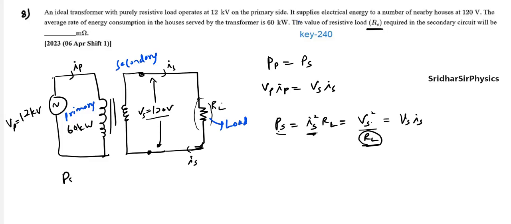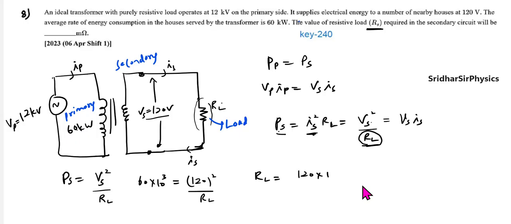This will be PS equal to, what is the power? This will be 60 kilo. VS is 120, squared. Then RL. RL equal to 120 into 120 by 60 into 10 to the power of 3.